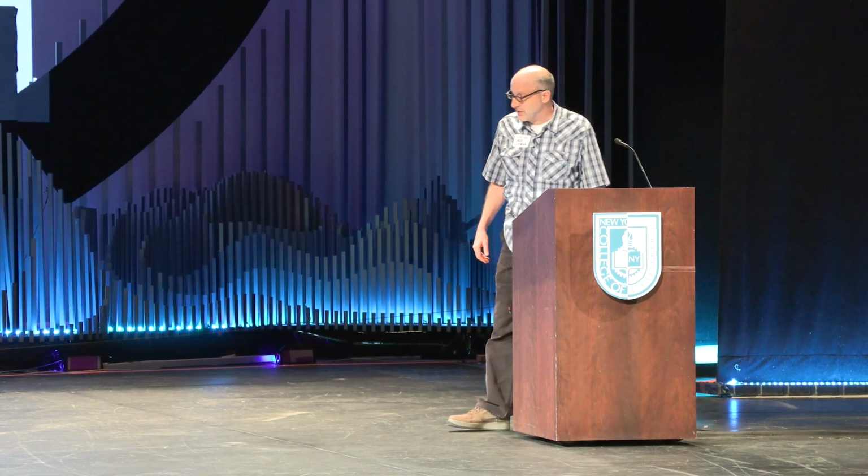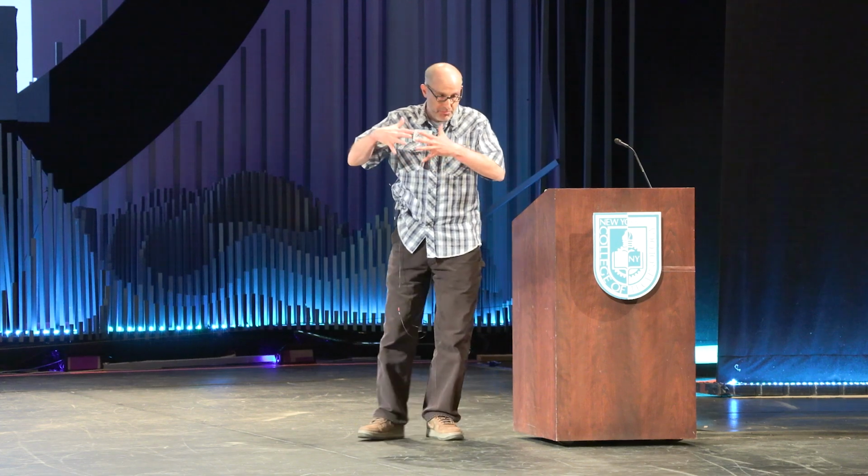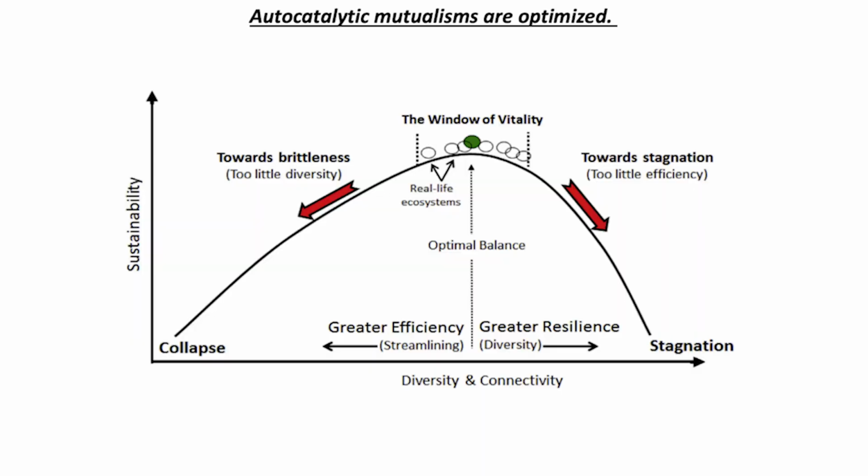One last thing that I want to say about process ecology and autocatalytic mutualisms in general has to do with the idea that all of the dynamics of these systems tend to optimize variables, right? In an economic system, for example, it's maybe not the best thing to strive for maximum profits.